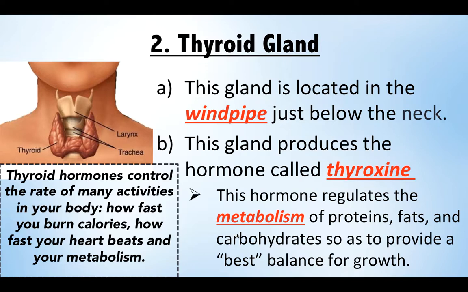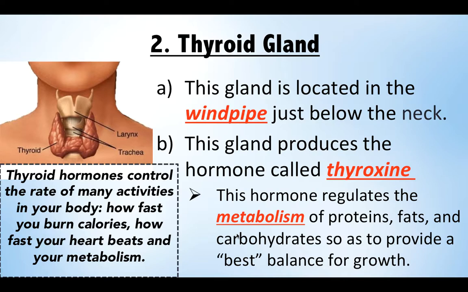So I personally have someone in my life, my aunt. My mom has a twin sister, and she has a thyroid issue where her thyroid doesn't regulate her body very well in terms of how fast she burns calories.